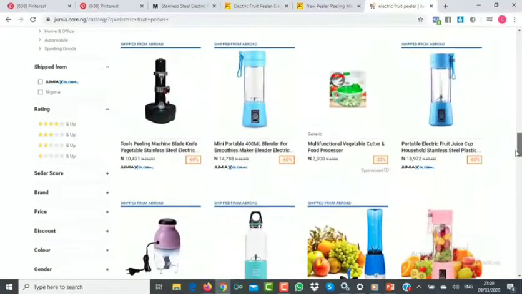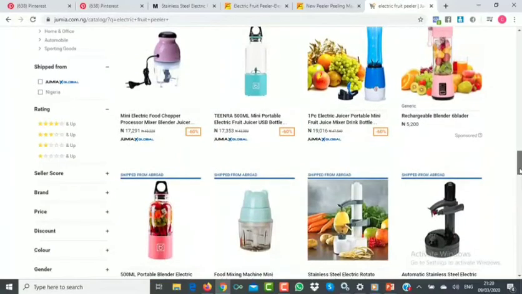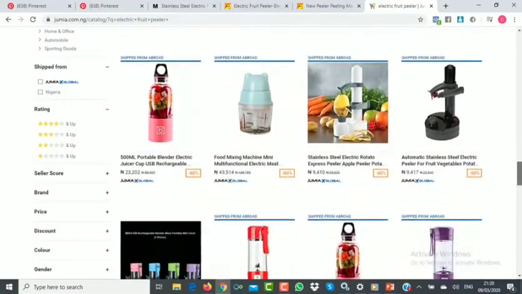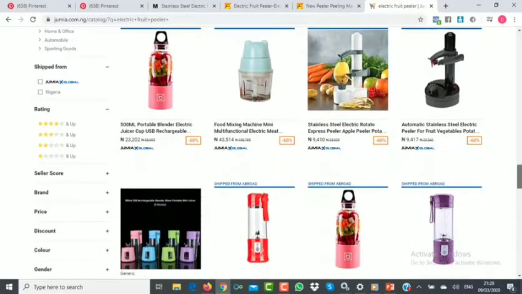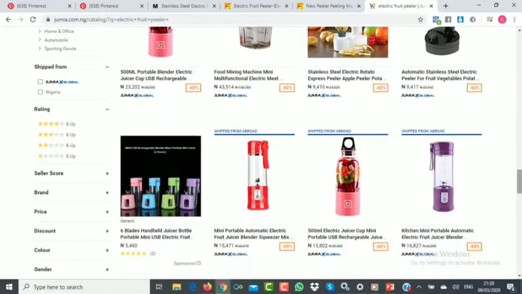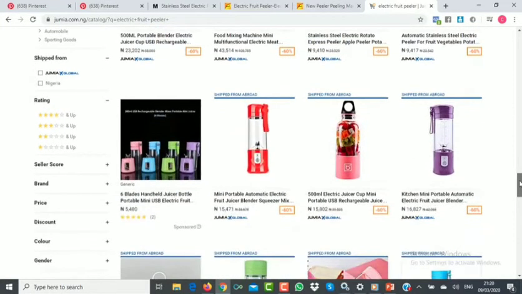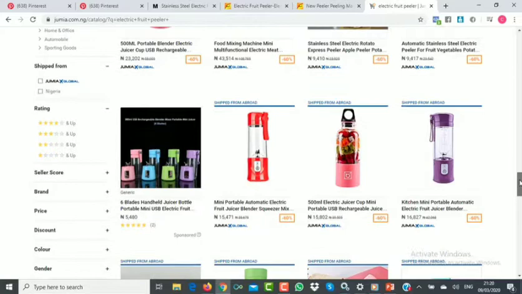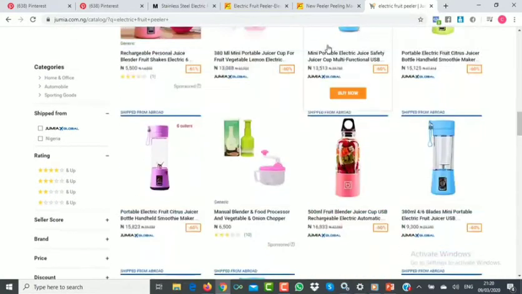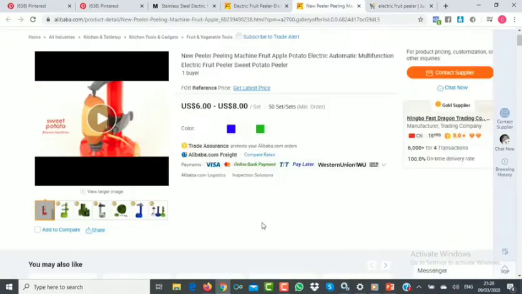It's usually when they start selling it at a very dead cheap price that you know that product is a no-go area. But I've not seen anybody selling theirs below 9,000 naira. It could also be because the product is heavy, so you actually have to check the weight of the product to see if it is something that you can work with when you start shipping it.